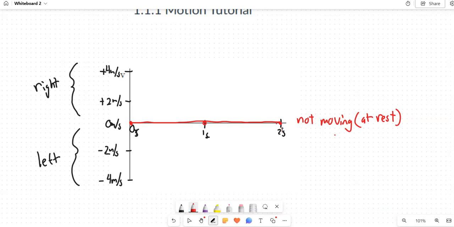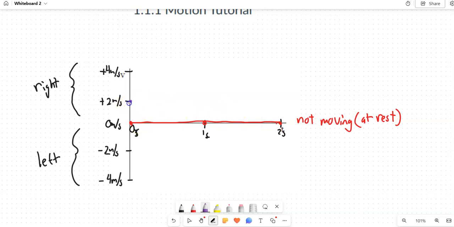Now, part of your tutorial is asking what does a slow object moving to the right look like on a velocity versus time graph? So I'm going to use purple. So a slow object moving to the right, so we could all agree that an object moving at 2 meters per second is slower than 4 meters per second, okay? So an object moving slowly, and I'm going to say 2 meters per second, it's going to be moving slow that entire time, just like down here.